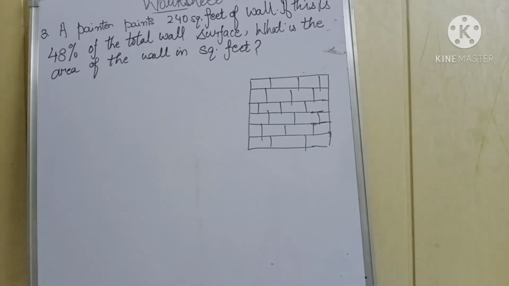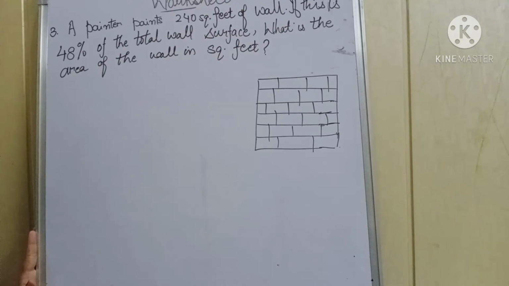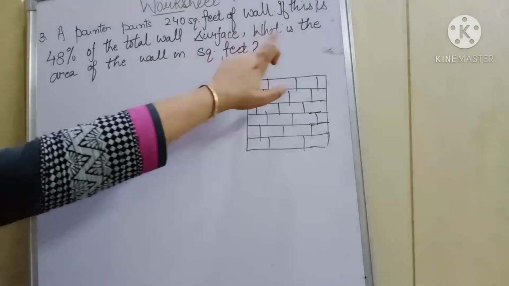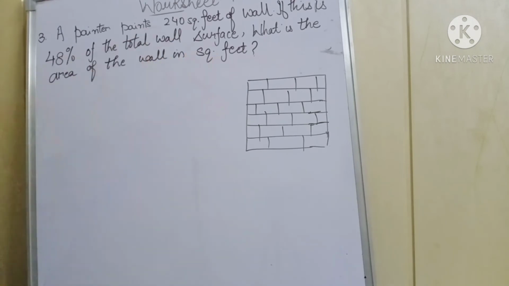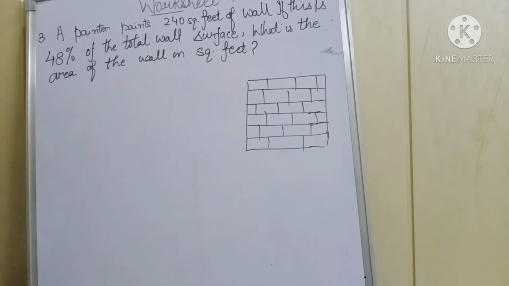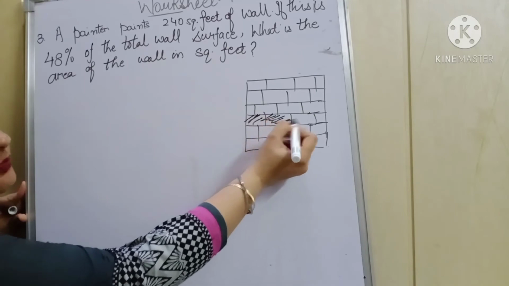Let's solve sum number 3. A painter paints 240 square feet of a wall. If this is 48% of the total wall surface, what is the area of the wall in square feet? This is the wall. Let this be the total wall which is to be painted, but the painter has painted only till here.